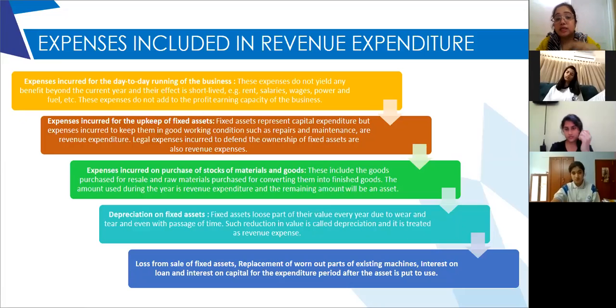So if to keep that asset in working condition I'm spending on repair or maintenance, then it comes under revenue expense. In the same way, expenses incurred on the purchase of stock of raw materials will also come under revenue items. These include goods purchased for resale and also raw materials purchased to convert them into finished goods.